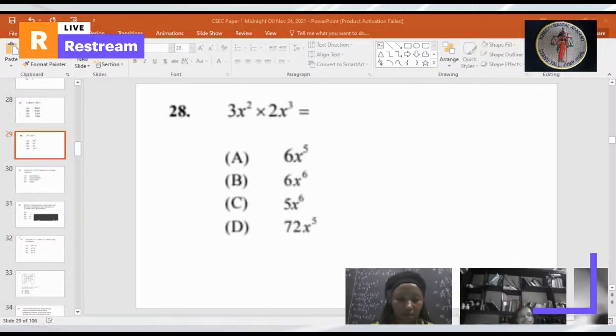Miss, the rule is when it's the same variable and it's being multiplied, you add the powers. So 3 times 2 is 6x, and you add the powers, which is 5. So it would be 6x to the power of 5.